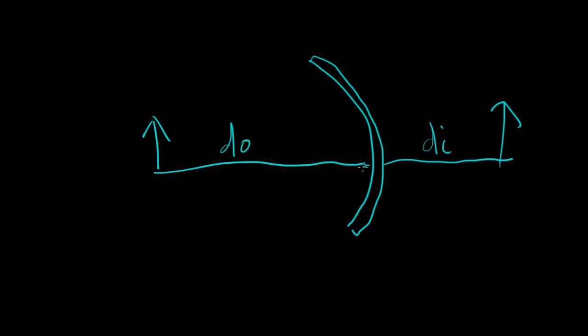If the image is in imaginary mirror land over here, then that distance is negative. Whenever the image is not in the real world, whenever it's on the other side of the mirror, that's a negative distance. Anything that's over here is a negative distance. That's just something you've got to remember.